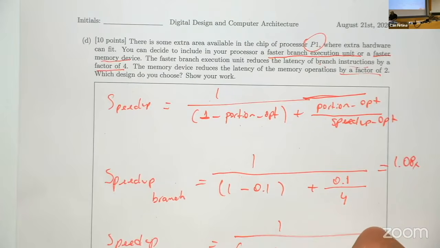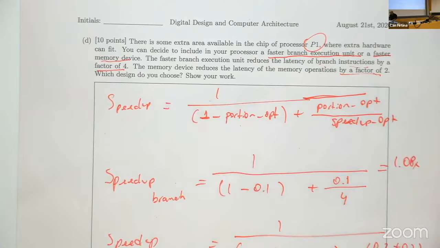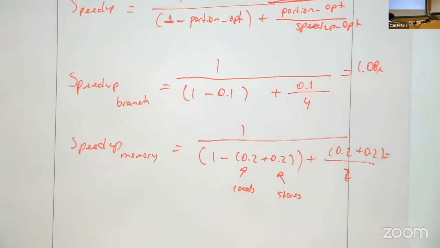This is for the loads, this is for the stores. Plus the portion that you are optimizing, 0.2 plus 0.2, divided by how much you're optimizing that portion, a factor of 2. And this is equal to, sorry, let me see here, 1.25.